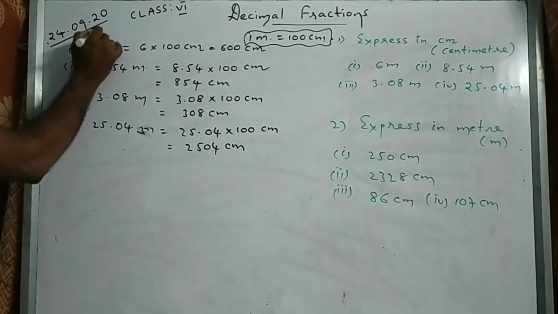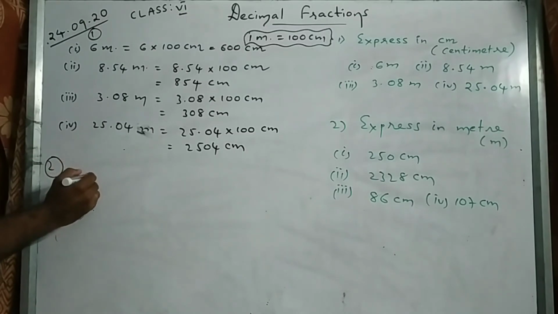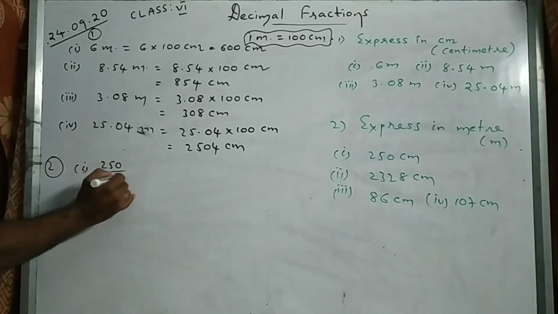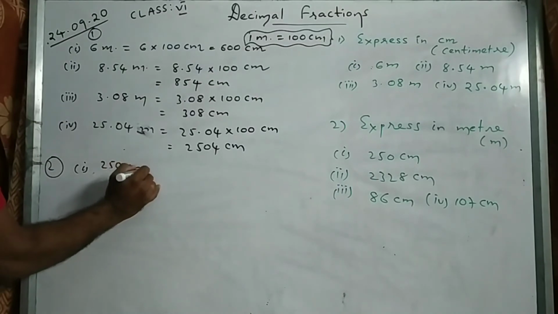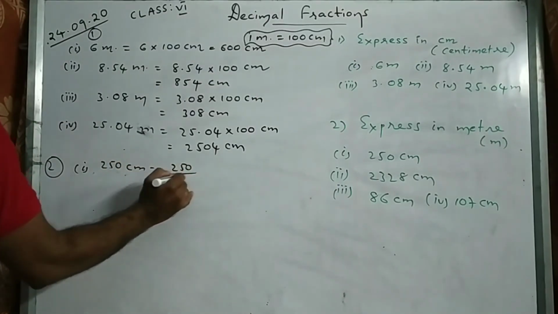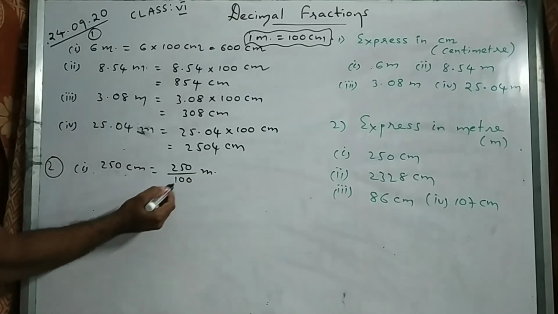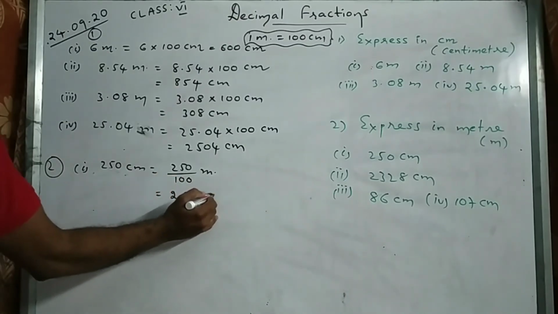This is the first question. Second question, to change centimeters into meters. 250 centimeters is given, so 250 by 100 meters. Here 2 zeros are there, that means I can keep 2.50 meters.